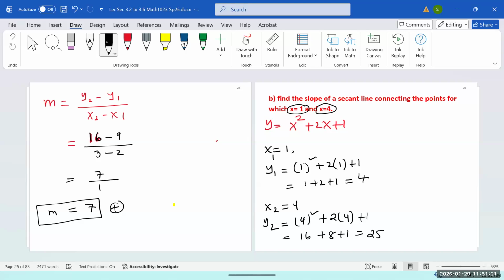Okay, so you have your x1, y1, x2, y2. So what do you do next? So what is the slope formula? Perfect. So how did you substitute?